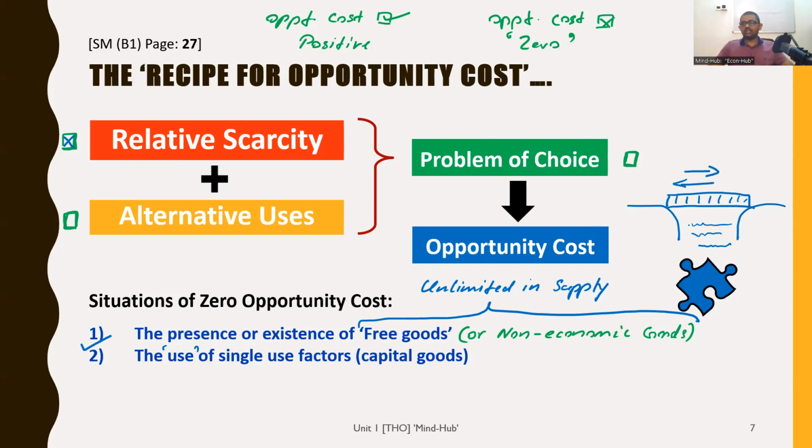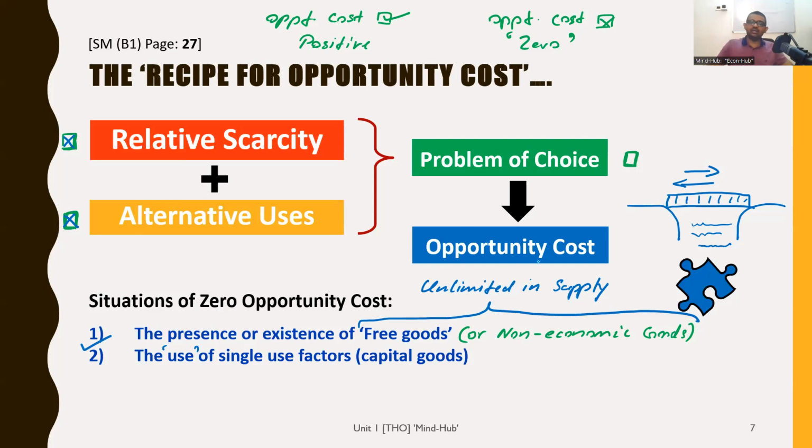Yes, that is the job of the bridge. We build a bridge for that simple purpose. A bridge does not have any alternative uses. If alternative uses are eliminated, that means even though the resource is scarce, if there are no alternative uses, there is no need to make a choice.